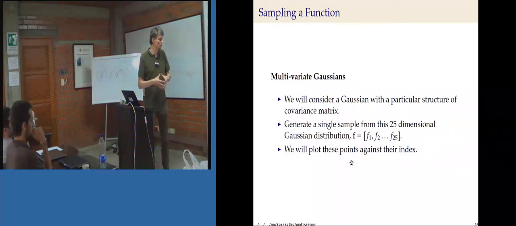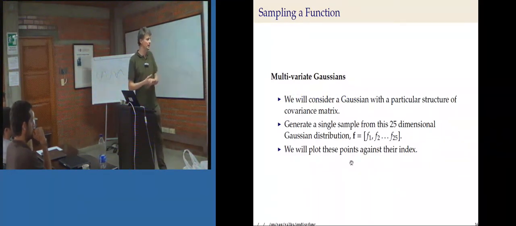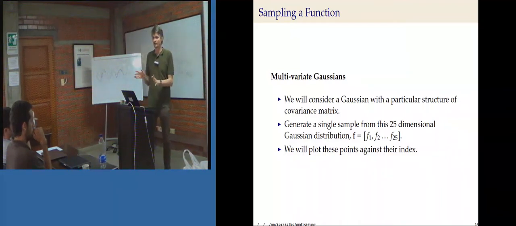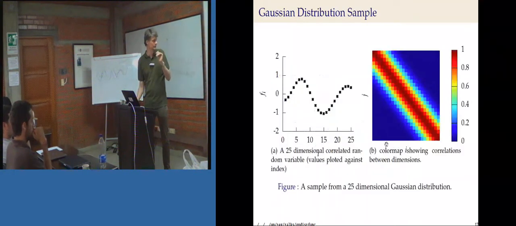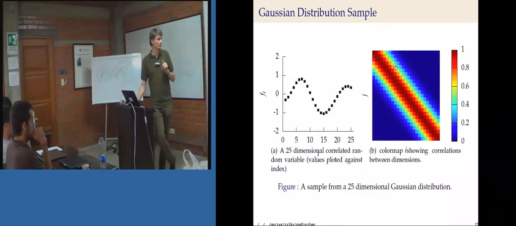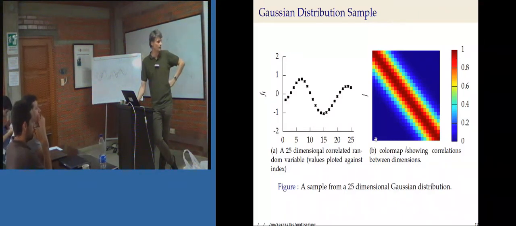But what I want to do to see what's going on here is to consider a Gaussian with a particular structure of covariance matrix. Then I'm going to generate a single sample from this 25-dimensional Gaussian distribution, and plot points against their index. So this is a Gaussian with this covariance here. Points that are neighboring are shown along here.